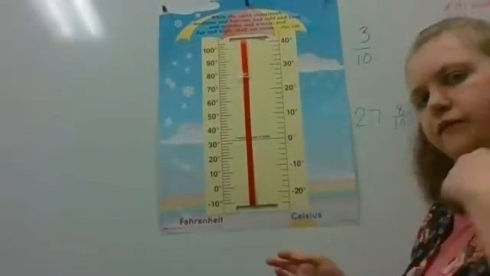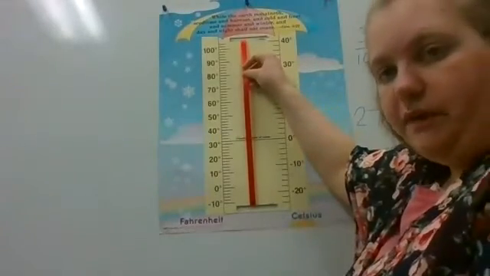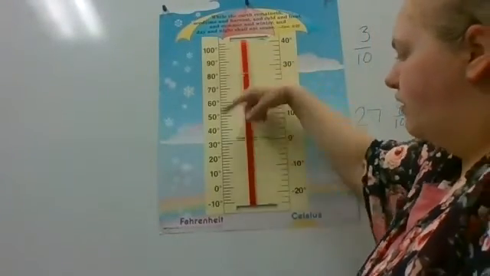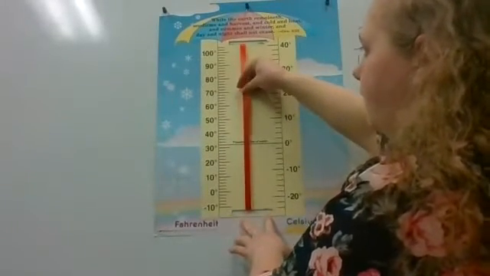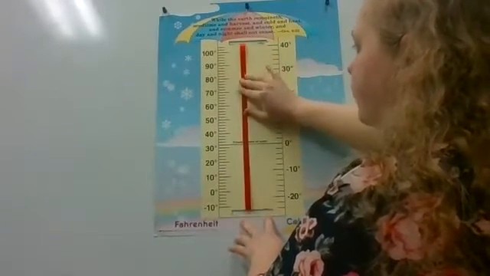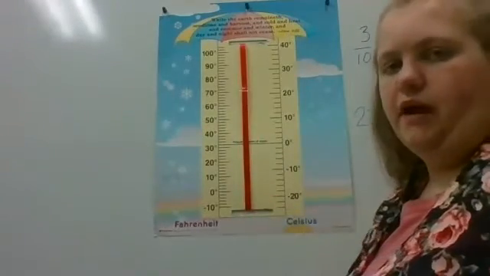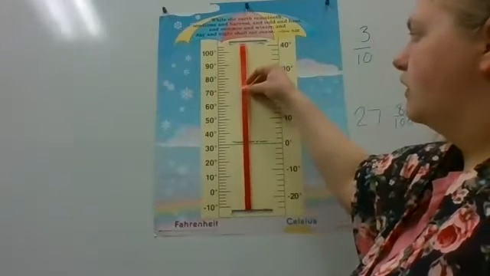Okay. With this, we're going to use the paper clip as where the temperature gauge is. If we have it right here, you see what degree that is at. I'm not going to put it at like 43 or something.